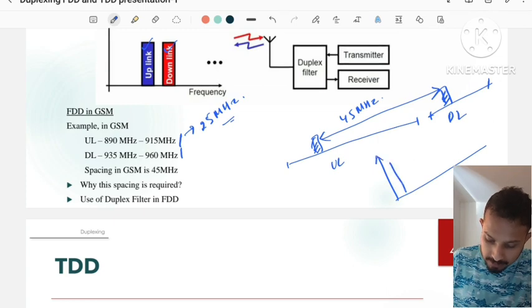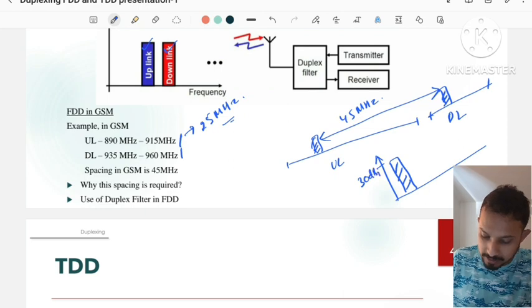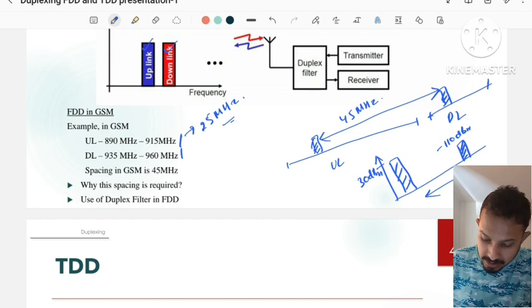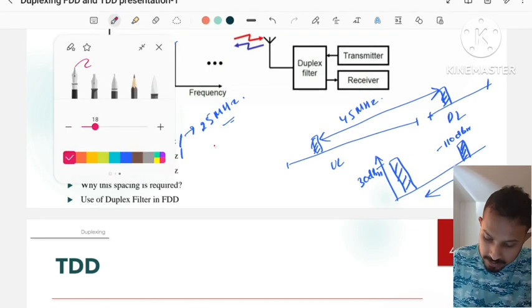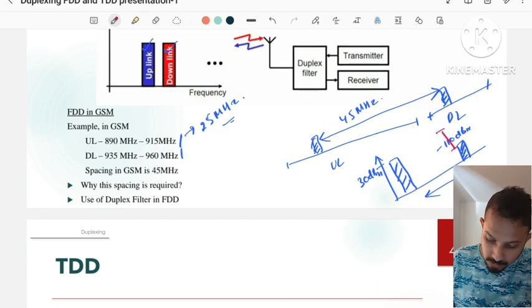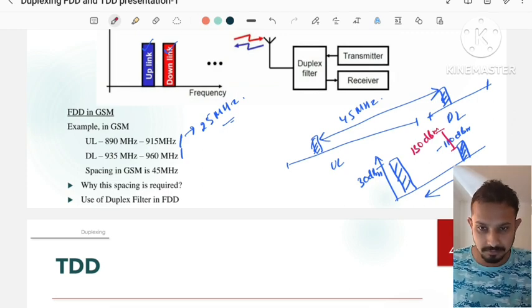This is the uplink, that is 30 dBm, and the received signal, which is delayed in frequency, is minus 110 dBm. So we can see that there is a huge gap between the two magnitudes, a difference of 130 dBm.